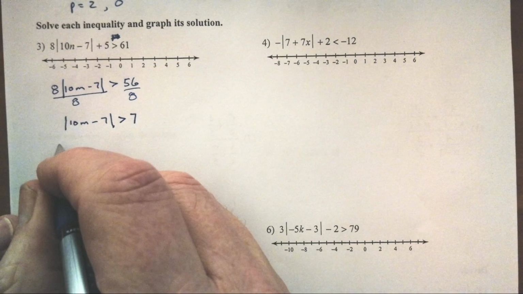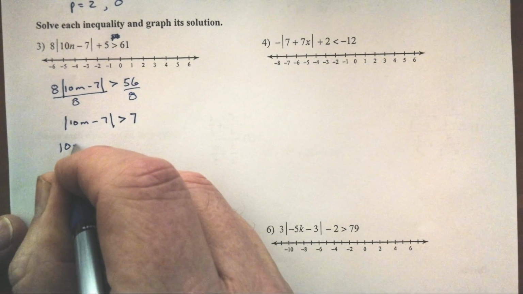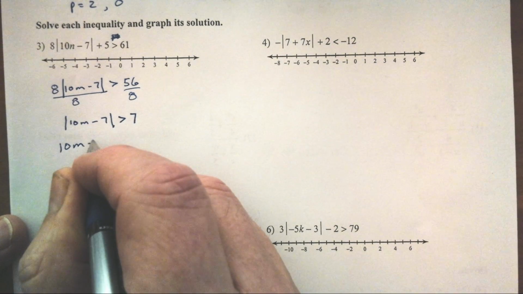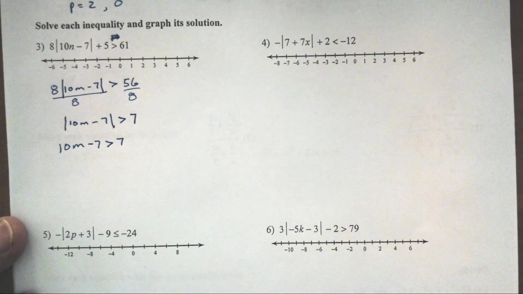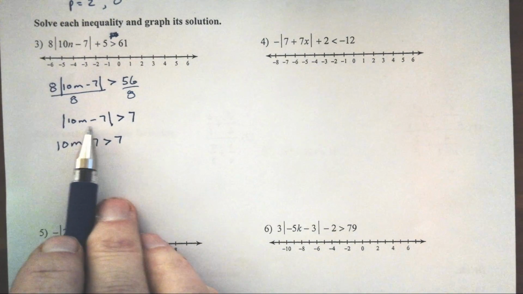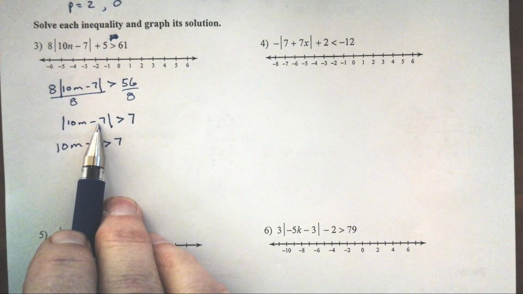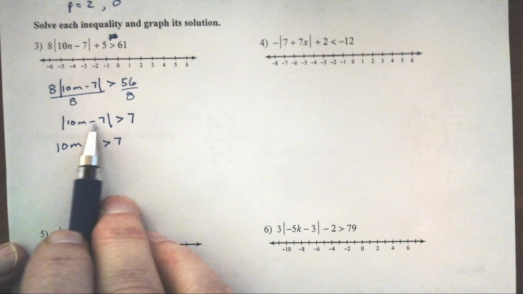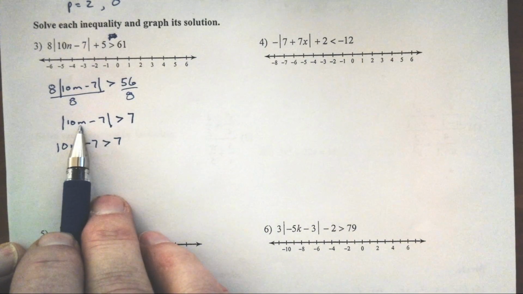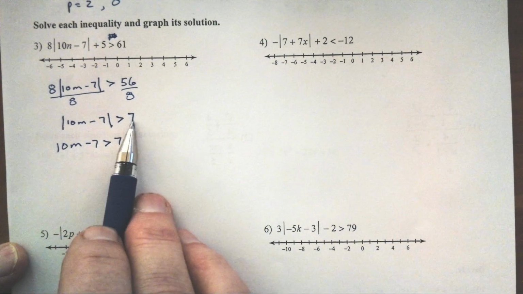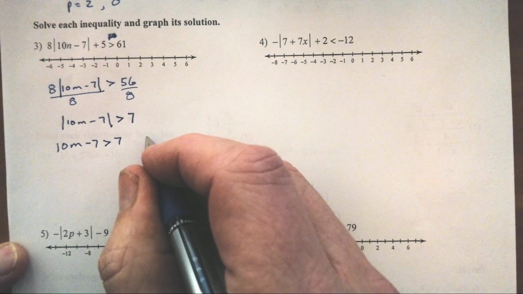In one, we just drop the absolute values. Maybe 10m minus 7 just by itself is bigger than 7. But if 10m minus 7 was negative 12, the negative 12 would turn into a positive 12. So if 10m minus 7 is less than negative 7, that's also a solution.